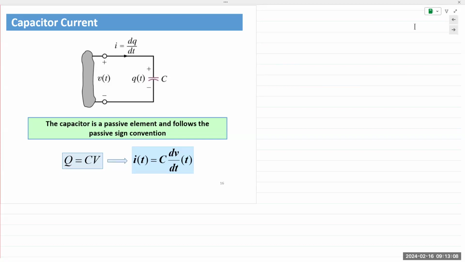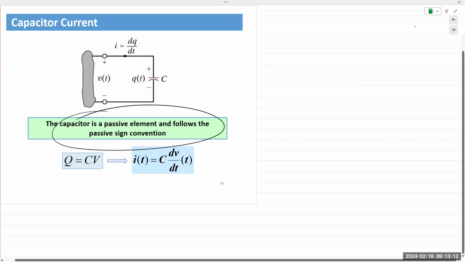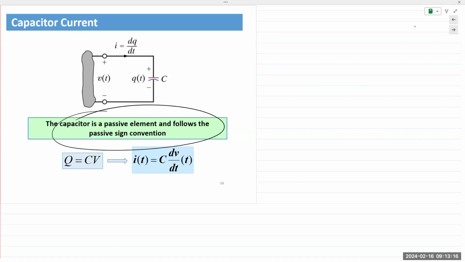So I already covered this. A capacitor is a passive element, follows the passive sign convention or the passive reference configuration, right? Current always goes from high to low, plus to minus. We saw from the definition of a capacitor, charge Q equals CV. dq over dt, rate of flow of charge, is nothing but current.